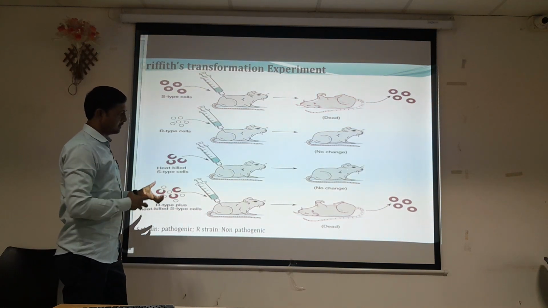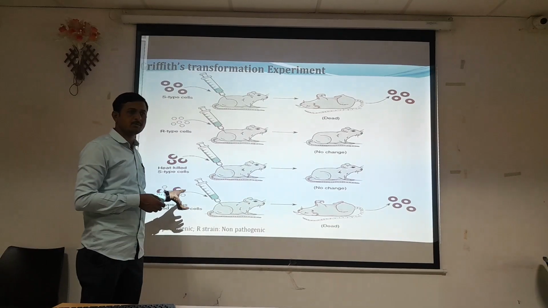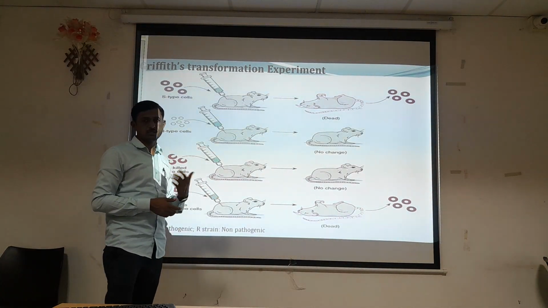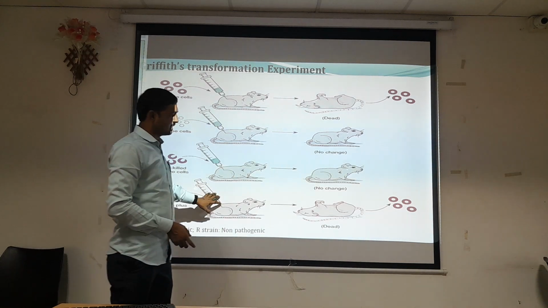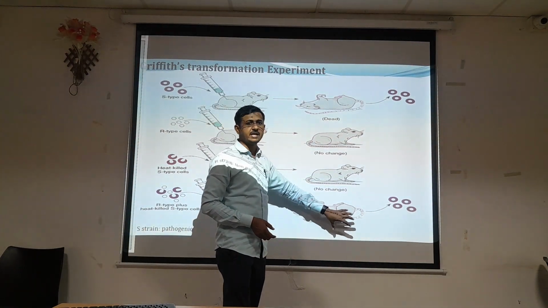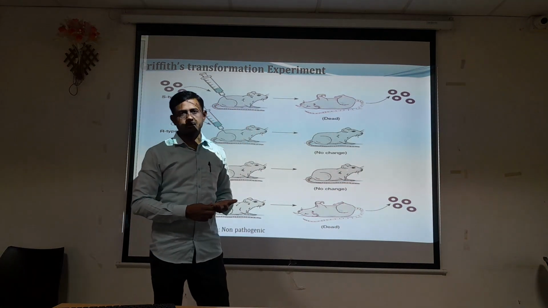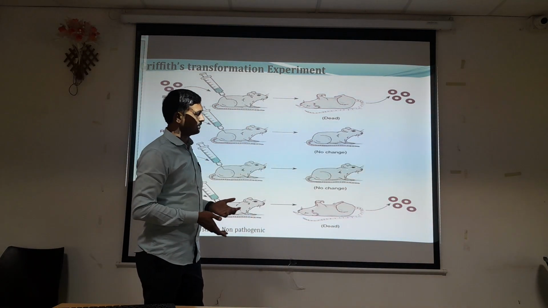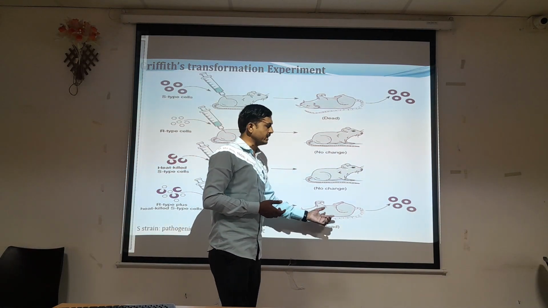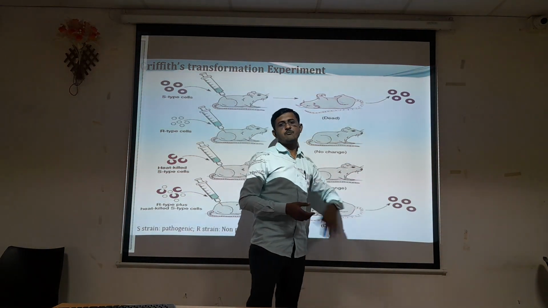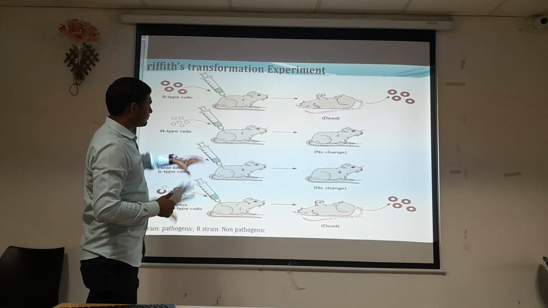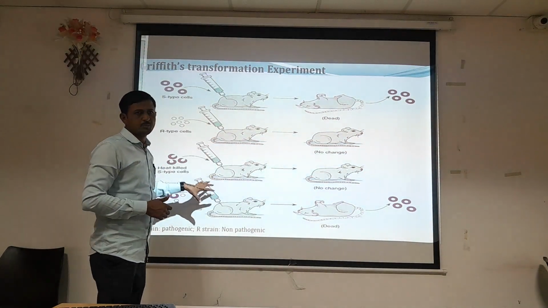When he injected the mixture of heat-killed S type of cells and R type of cells into another healthy mice, he found that the mice showed an ill effect and died after some time of infection. And from the dead mice he collected live S type of cells.